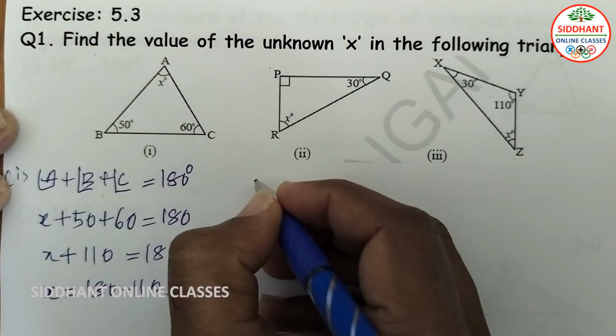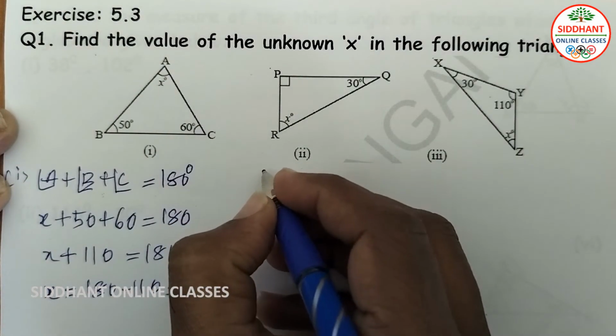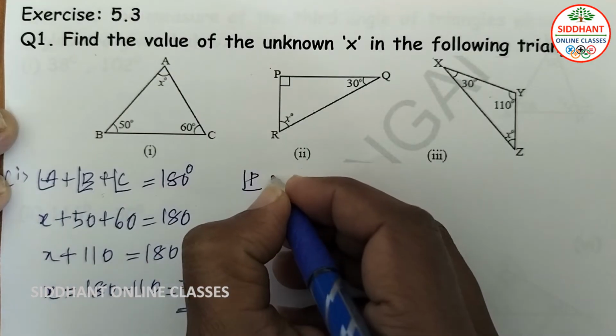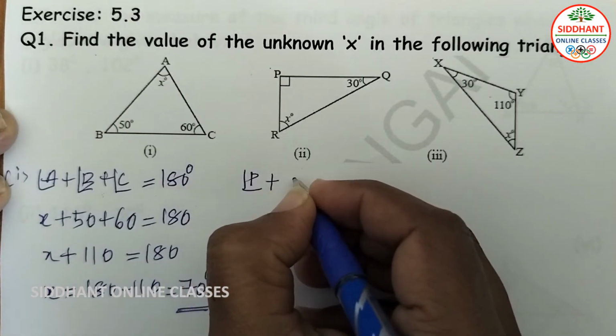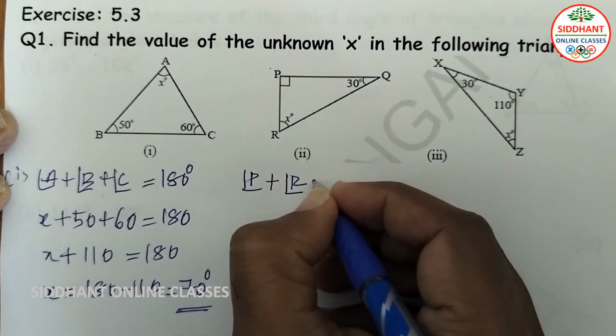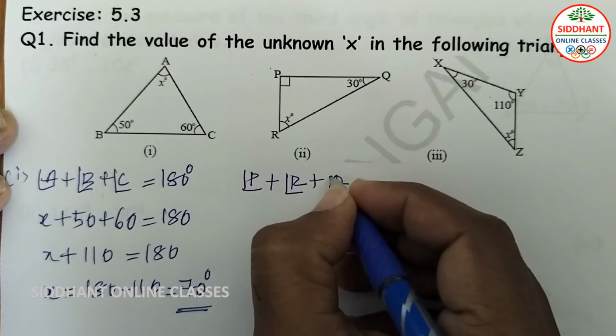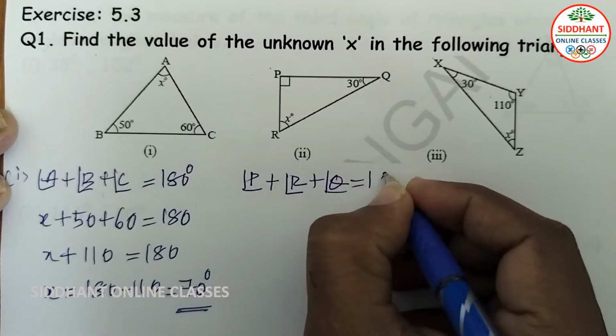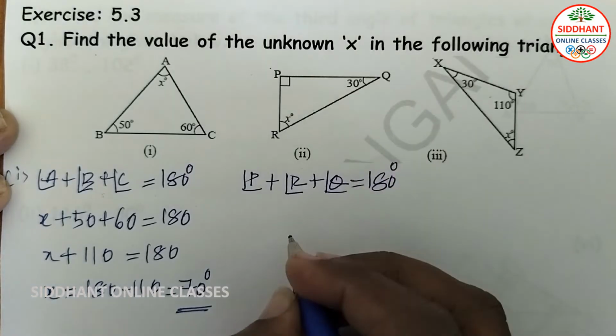Second one, when you are going to see, so this is angle P here, angle R plus angle Q, that equal to 180 degrees here.